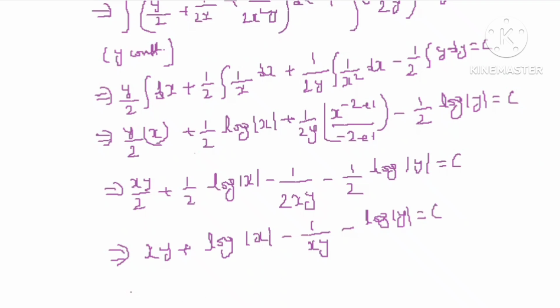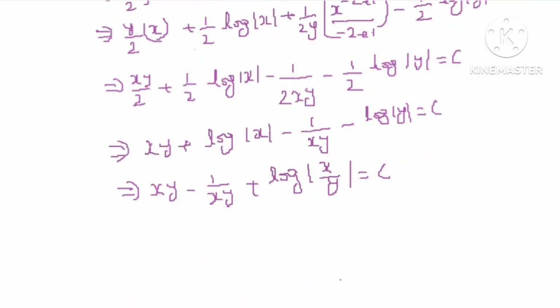So this implies xy minus 1 by xy, log mod x minus log mod y is log mod x by y, so plus log mod x by y is equal to c is the general solution.